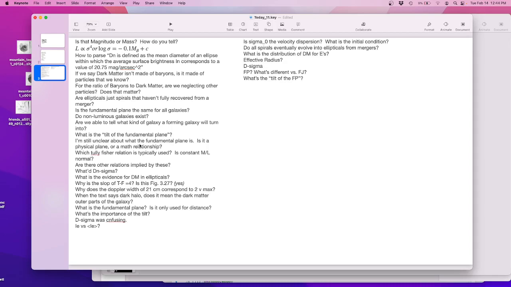So this is the average surface brightness as a function of r. I just made it a polar coordinate thing because everything's round. So when the average surface brightness is 20.75 magnitudes per arc second, this equals the integral from 0 to dn of I times 2 pi.